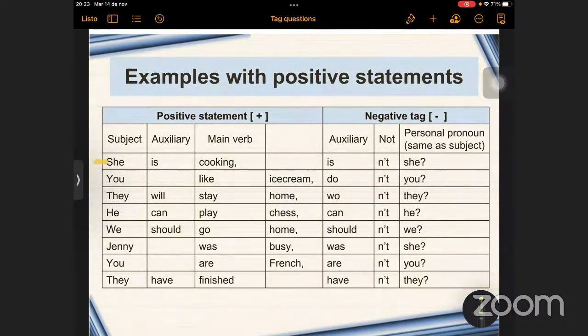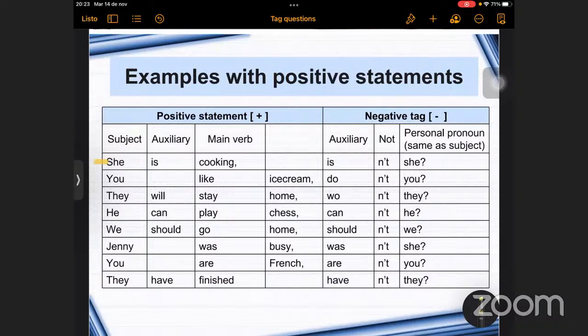Let's take a look at all the examples we have here. It says, she is cooking. What is the auxiliary in that sentence? Remember, to make a tag question you need auxiliaries. Always auxiliaries to make tag questions.